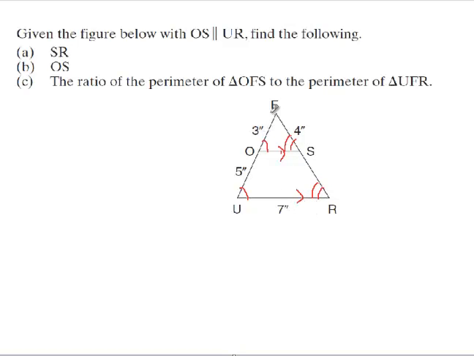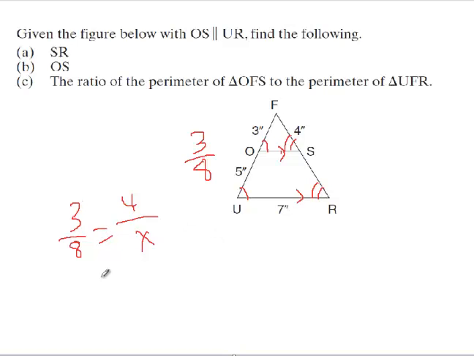So this side, FO is 3, and FU is 8. So the ratio of everything is going to be 3 to 8. This is 3, the long side is 8. So what's on this side? Well, let's do a simple proportion. 3 is to 8 as 4 is to x, because we don't know what the long side is.